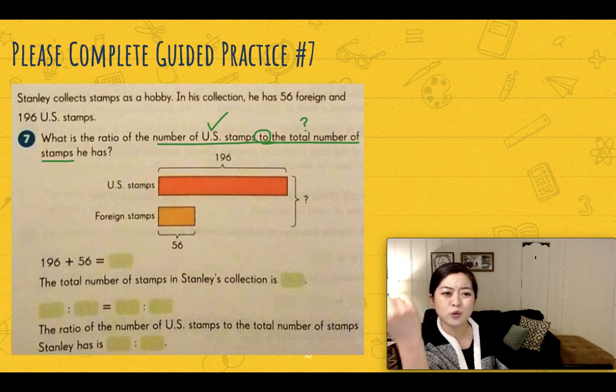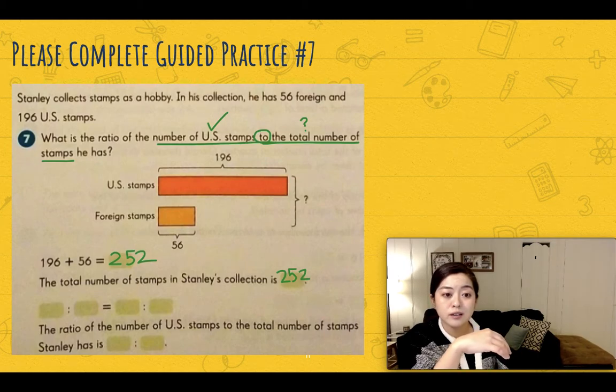Do we know the total number of stamps he has? No, that's not given. But we can find out that information because we know the number of foreign stamps he has. So we're going to add the number of US stamps with the number of foreign stamps, and that is 196 plus 56, which is 252.